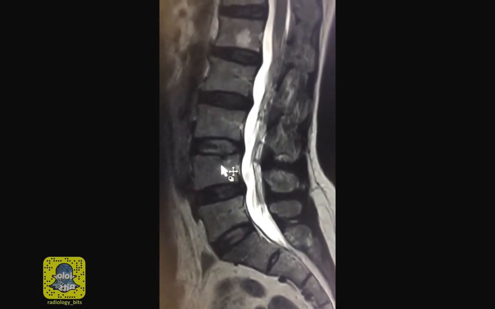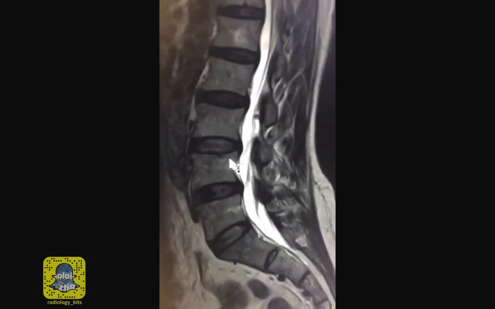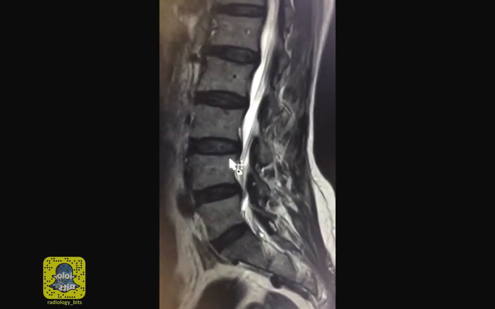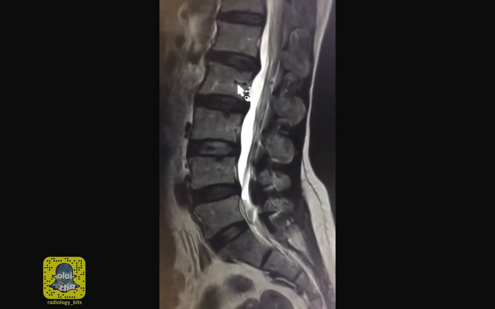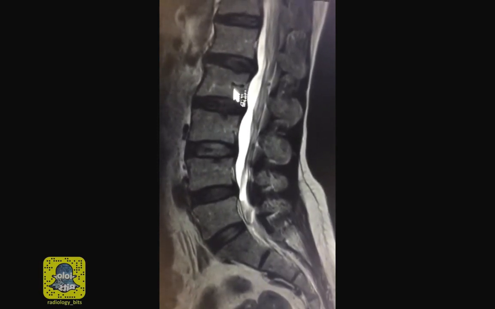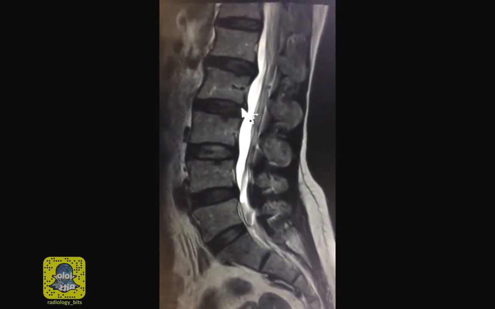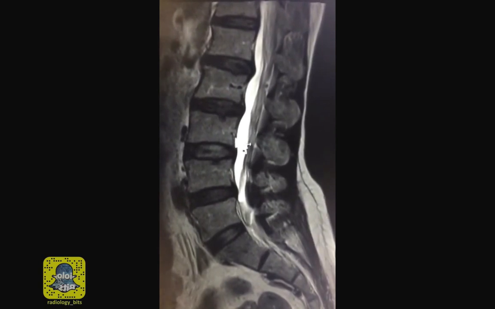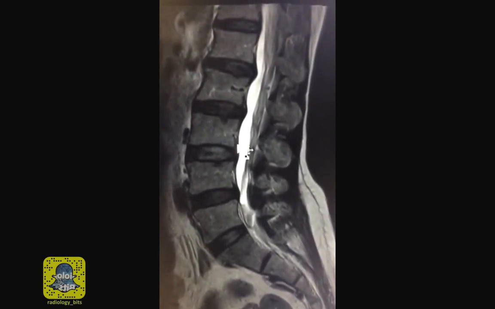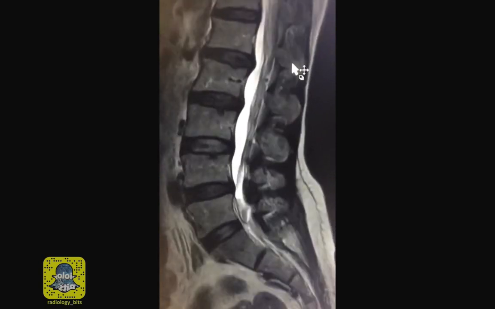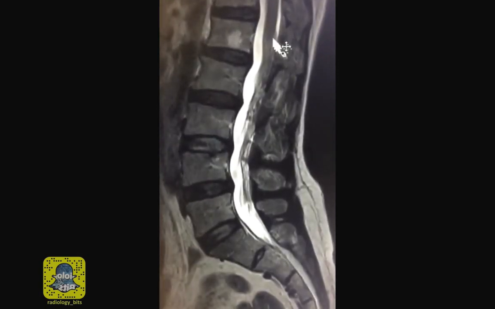This is a sagittal MRI in T2 on a 54-year-old female patient. You could see the vertebral bodies, the intervertebral discs, and the intervertebral discs show a little bit of bulging consistent with degenerative changes. You have the posterior elements, and then you have the spinal cord and its related components.